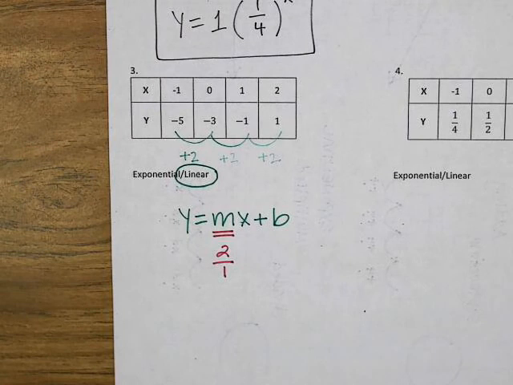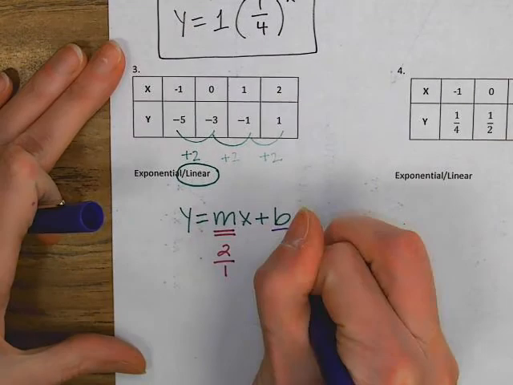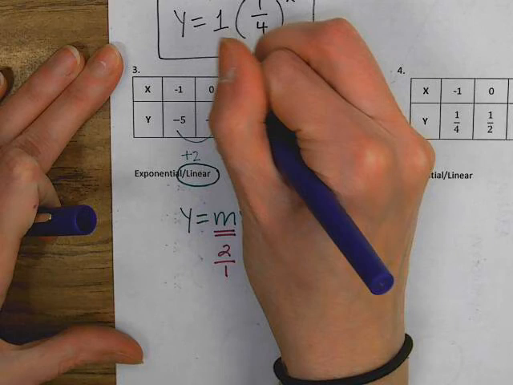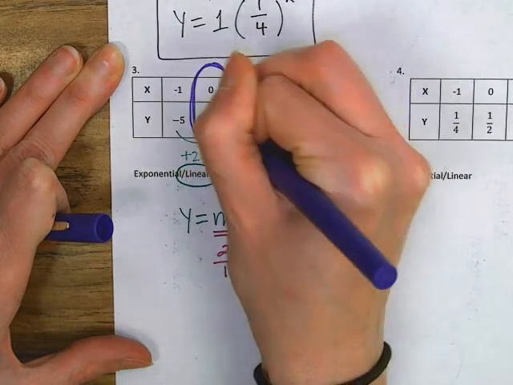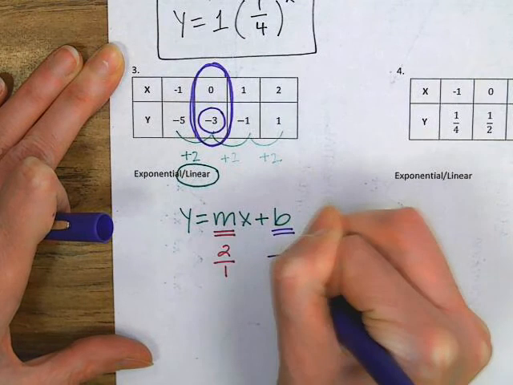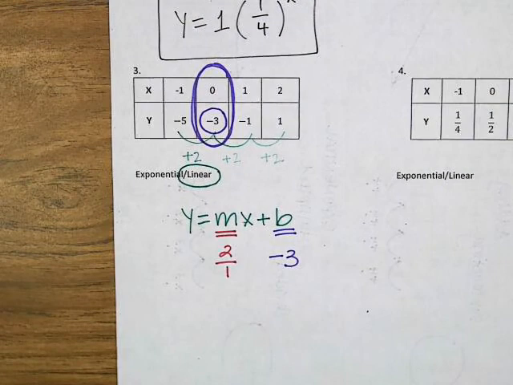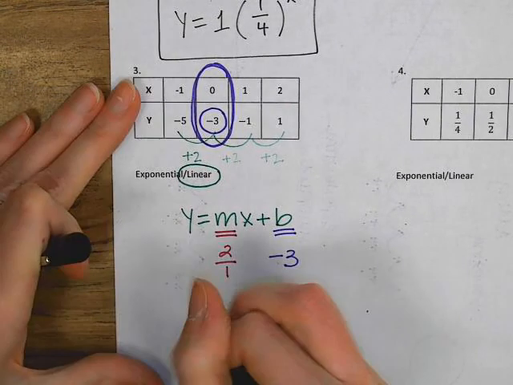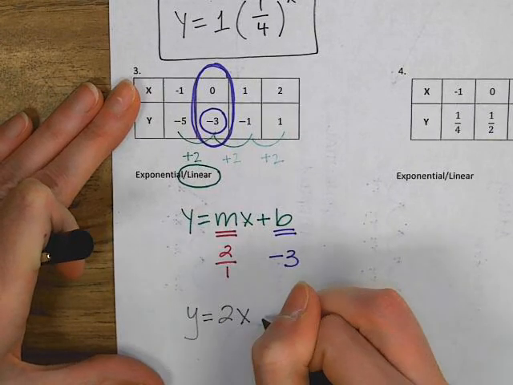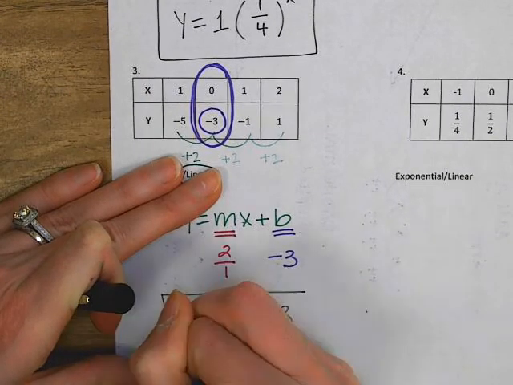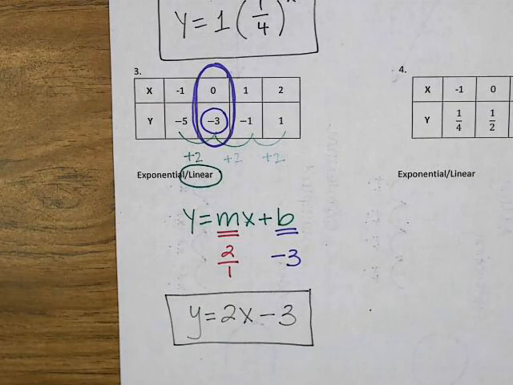And then the y-intercept, b, is the 0 comma, and that's 0 comma -3. Okay, so the y-intercept is -3. All right, if we have the m and we have the b, let's put it together. The equation of the line is y equals mx plus b. So y equals 2x minus 3.